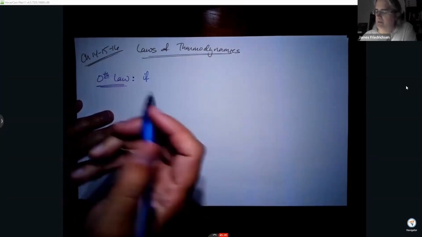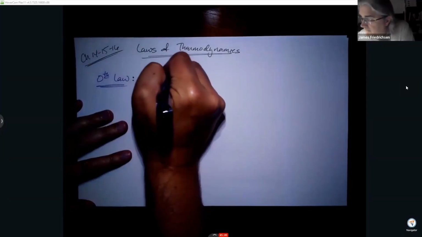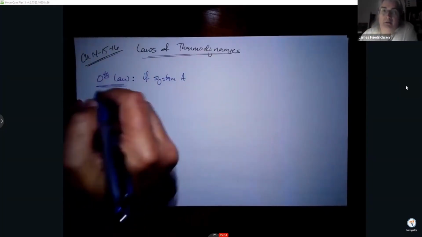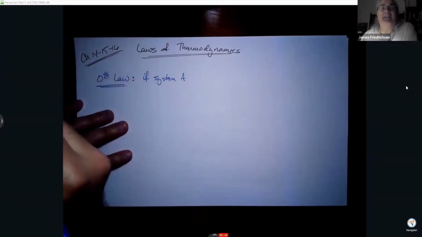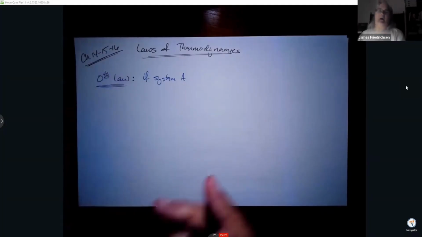The way they state this is that if system A, and this is one of those big things, they're going to talk pretty much entirely about thermodynamic systems. So we need to discuss what that means and how that goes.